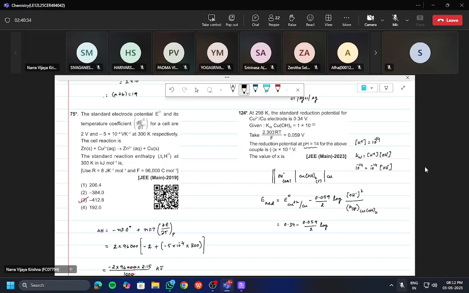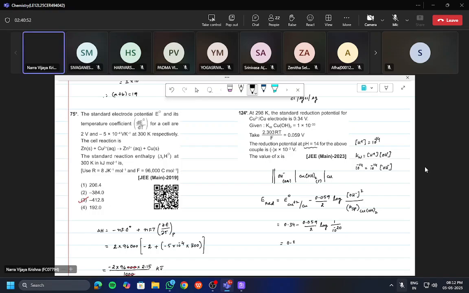Correct? So OH minus concentration is 1. Substitute 1 square. 1 only upon KSP of Cu(OH)2, already given. What is it? 10 power minus 20 goes to the numerator.